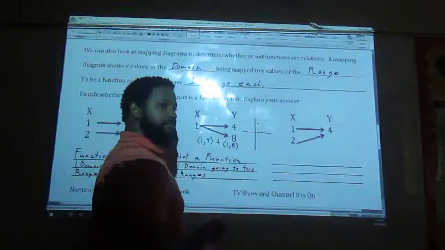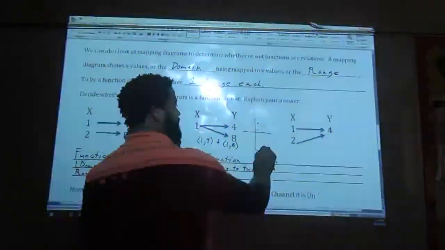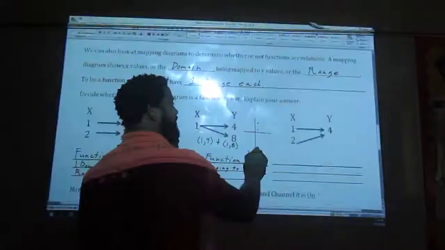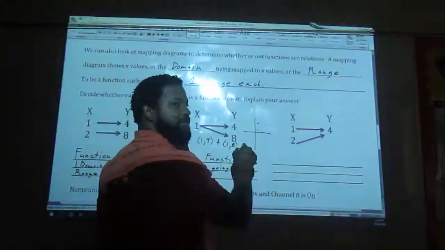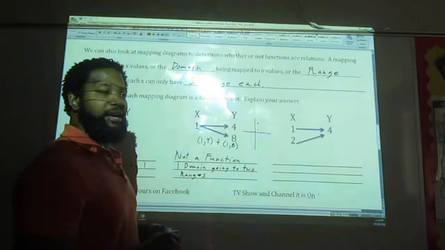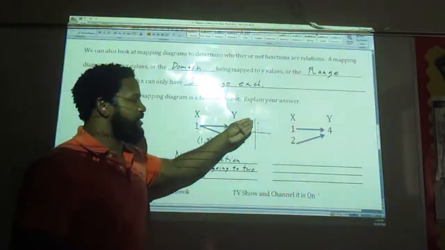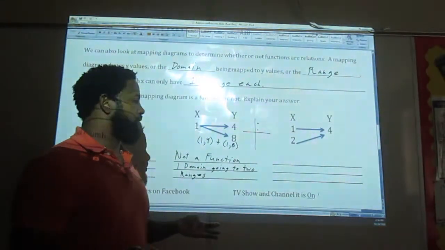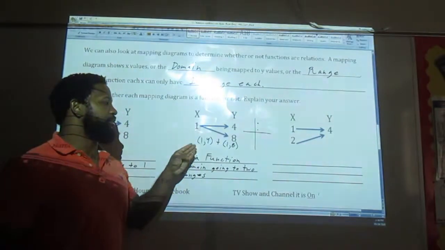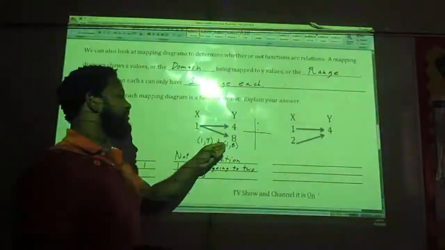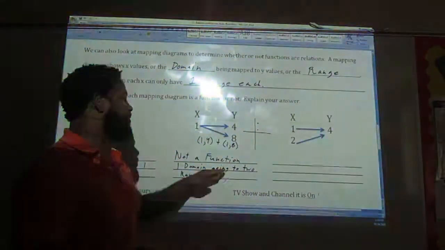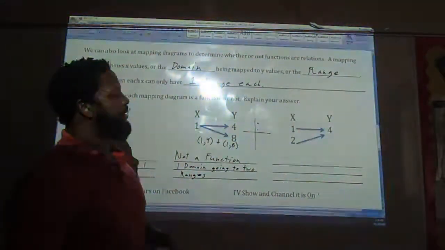If the vertical line test comes down, is it touching both of these points? Yes. And if the vertical line is touching both of these points, is it a function? Not at all. And this is why you can't have the same x, the same domain, going to different ranges.